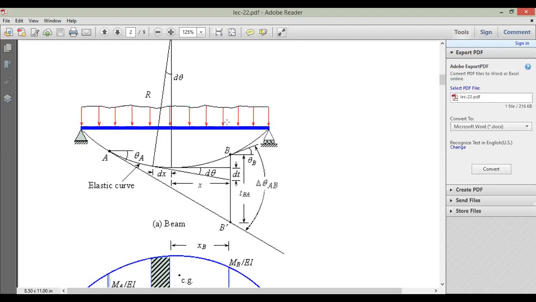But in the case of a uniformly distributed load, the load is gradually increasing from here to here and gradually increasing from here to here.